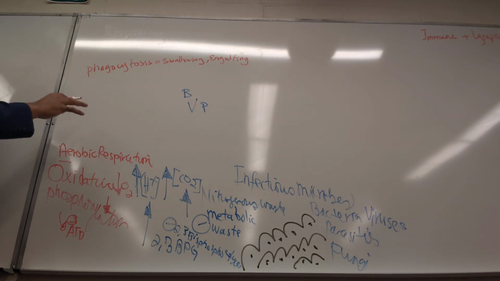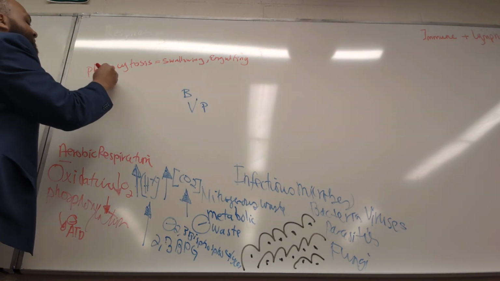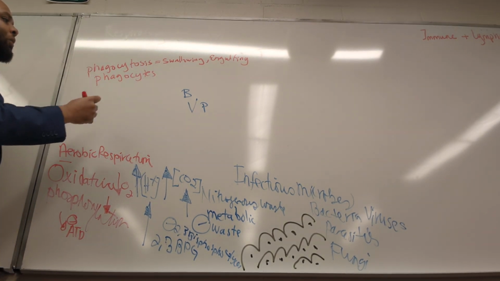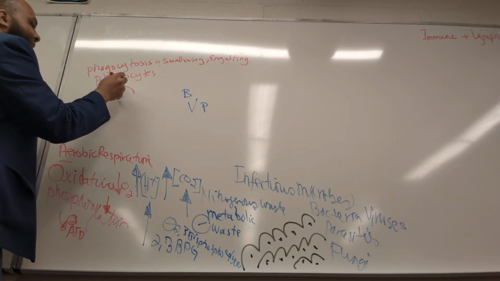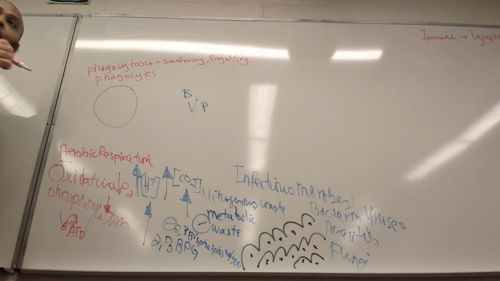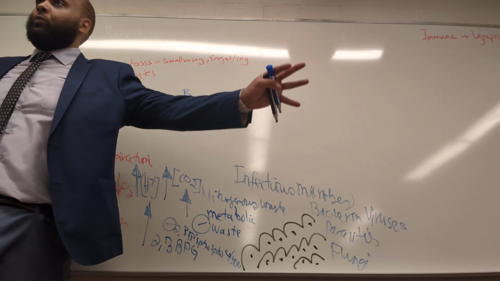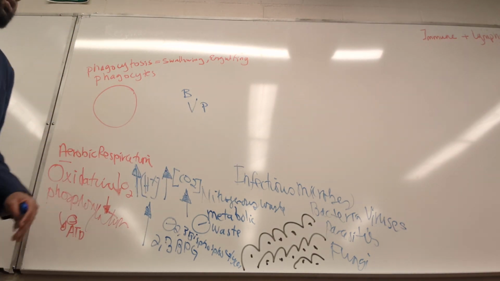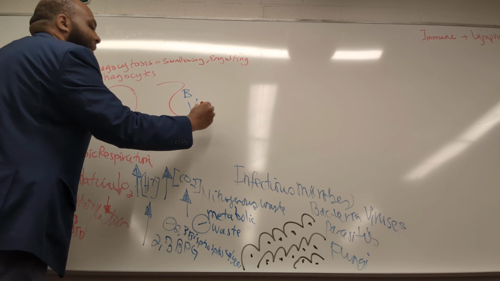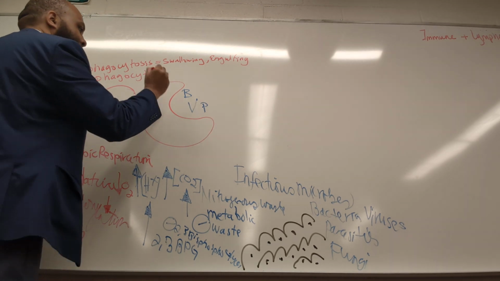And the white blood cells are known as phagocytes. So they swallow. What happens is they come close to the bacteria. Then they have pseudopods. They crawl. We talked about that. And once they crawl, they surround our microbes like that.